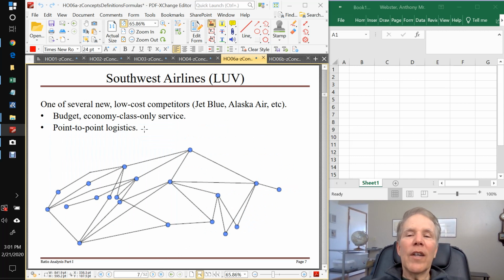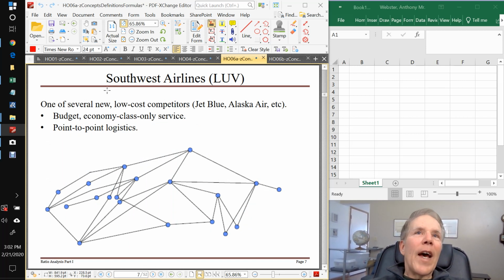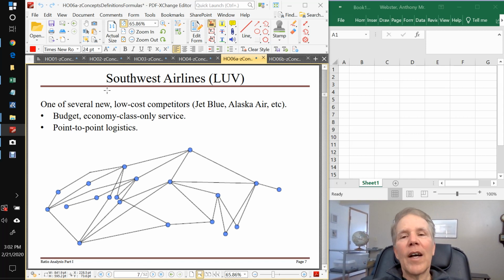And we contrasted them with Southwest, which at the time was established, but it was still an upstart, way much smaller than UAL, as we saw when we got to their sales. They were comparable, but it had about 2/3 the sales of UAL, and it was budget only.